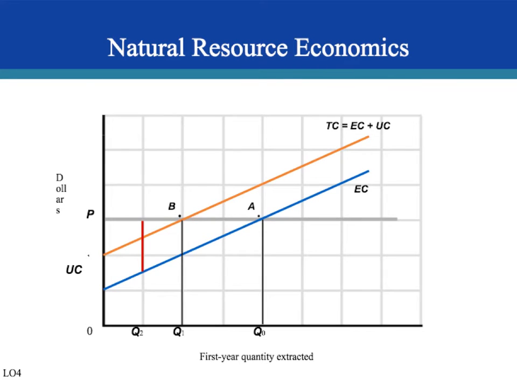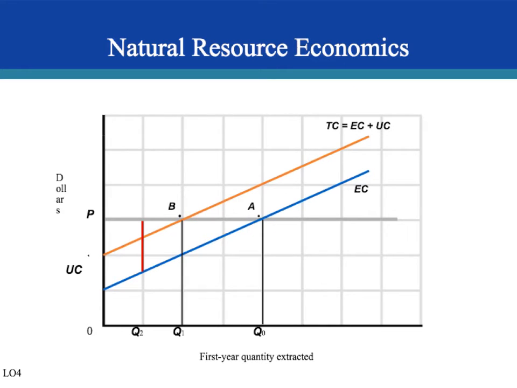Okay, so for firms that extract natural resources, the total cost curve is their extraction costs plus their user costs. Again, user cost is the opportunity cost that a firm faces of reduced future extraction because you're choosing to extract a resource now. Okay, so the more they extract now, the less they will have of that resource to extract in the future.